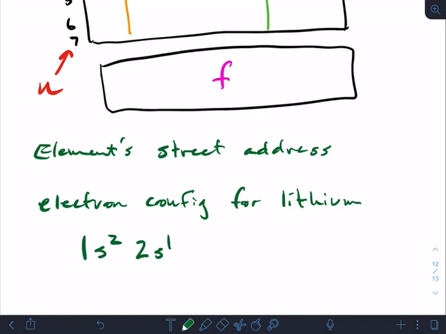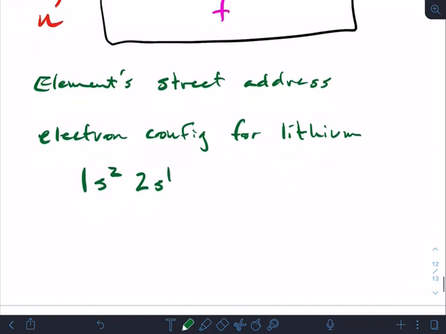So that is sitting at 2s1. In keeping with this street address analogy, you can think of the 1s2 as the street, and the 2s1 as the house number.